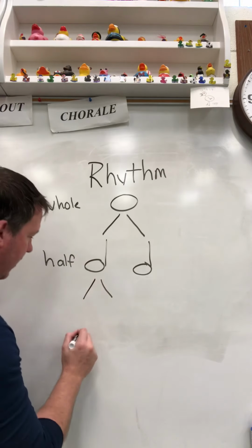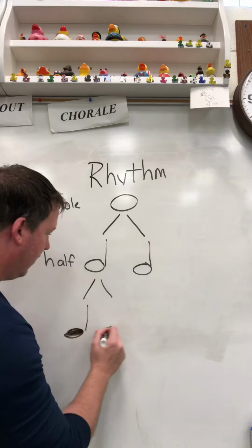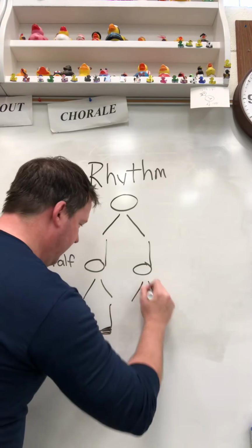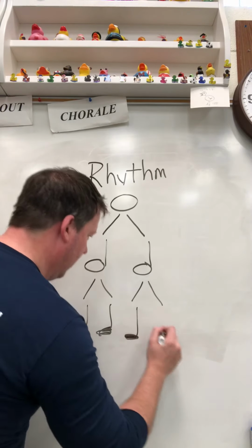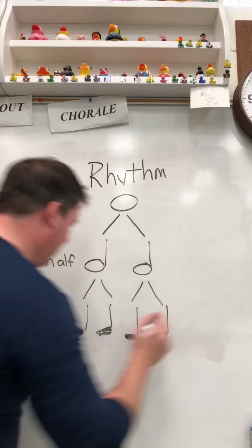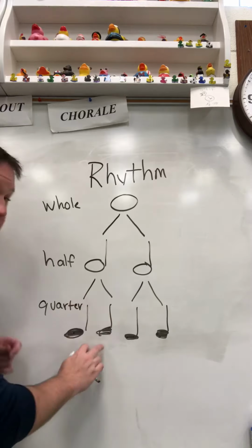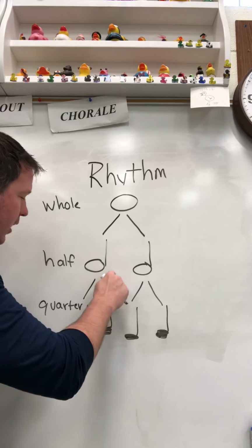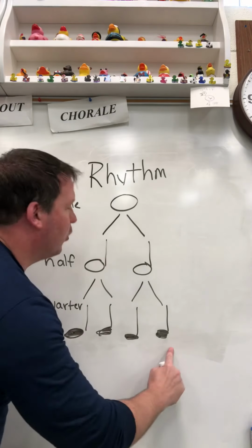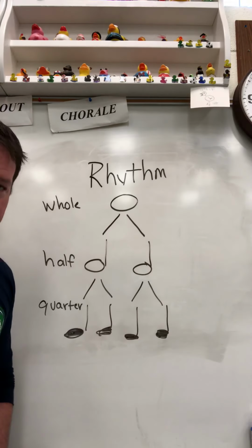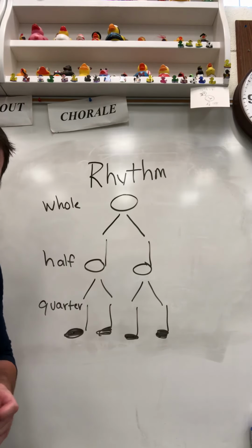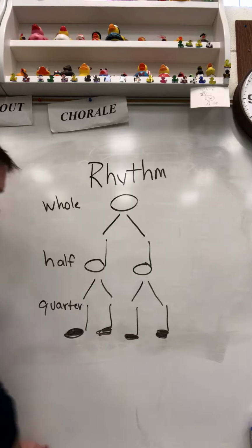And then down here at the bottom, we've got our quarter note. So 2 quarter notes equal 1 half note, and 4 quarter notes equal 1 whole note. So it's kind of like a factor tree. All right.